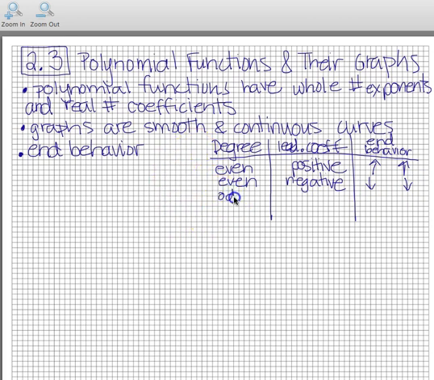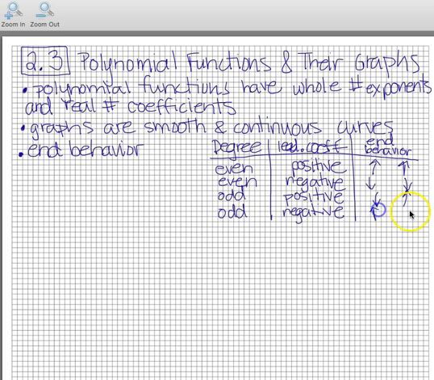If the degree is odd and the leading coefficient is positive, then as you are looking at the graph on your paper, the far right side is going up and the far left side is going down. The last one is when the degree is odd and the leading coefficient is negative, and it does the opposite of the one before.